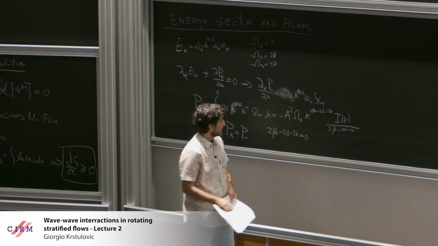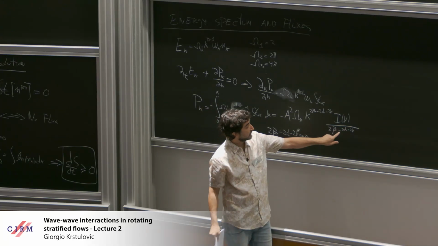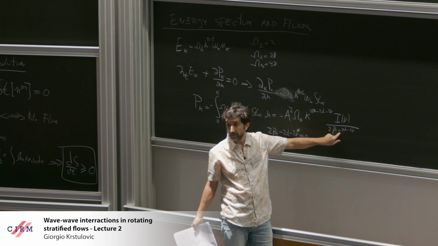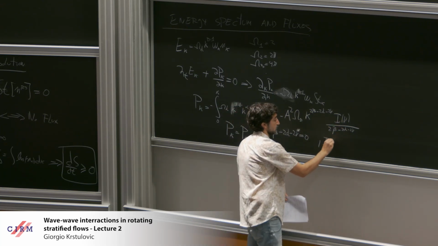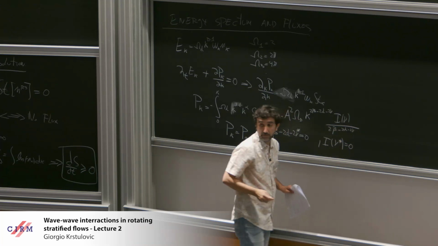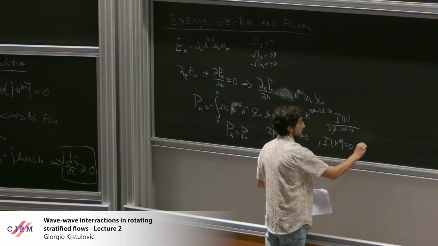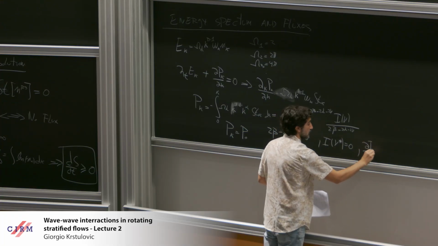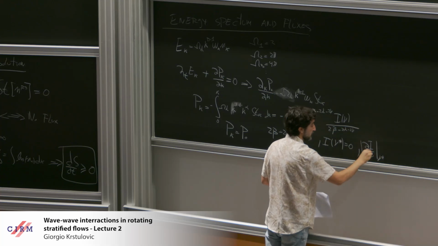So this will be my solution. But as you see here, I have the same power, so I need also this condition. Furthermore, I need this to be well defined.